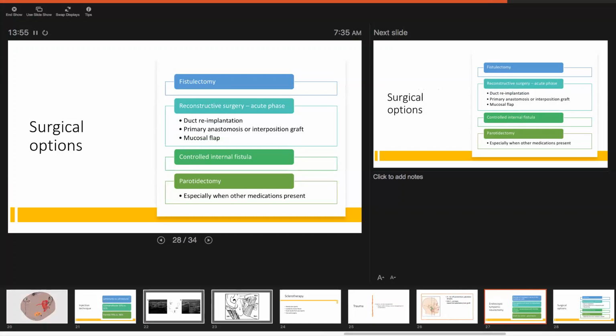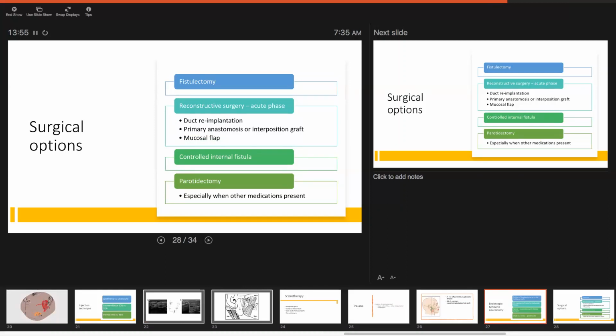Other surgical options, especially for chronic fistulas, include fistulectomy, where the fistula tract is just excised and closed off primarily. Reconstructive surgery, especially in the acute phase as mentioned before, but it can also happen in the chronic phase. Another management option is a controlled internal fistula.